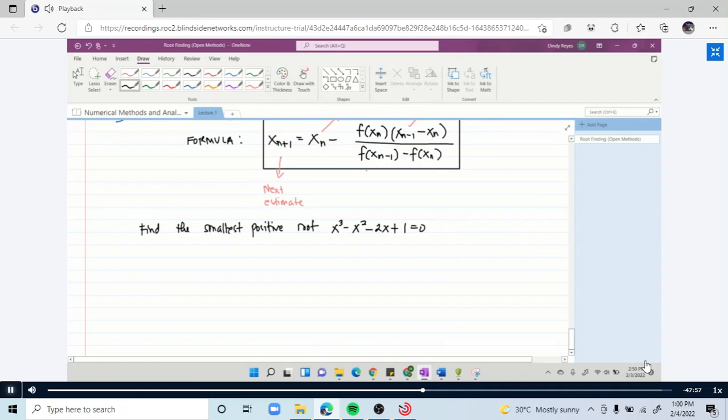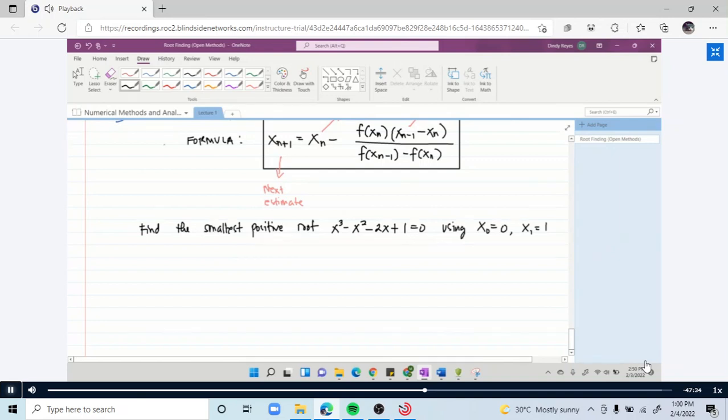Okay, using this method, using the initial estimates, x sub 0 equals 0 and x sub 1 equals 1. Kanina, ang initial estimate natin is a number in between these two, no? 0.5. So now, it's 0 and 1 because we are now sure that in between these two x's, there is a root.